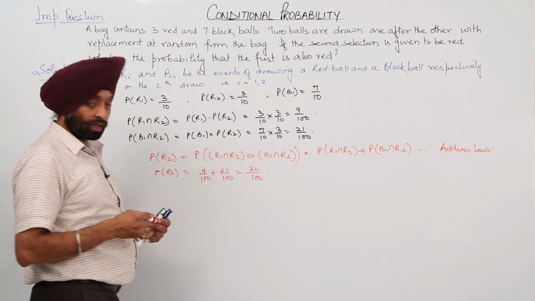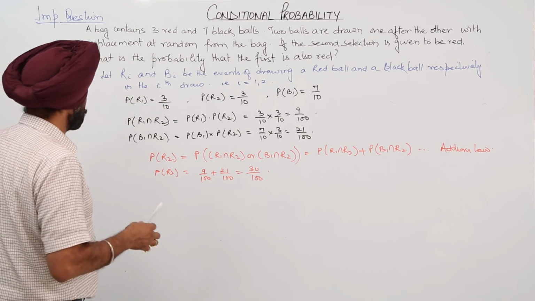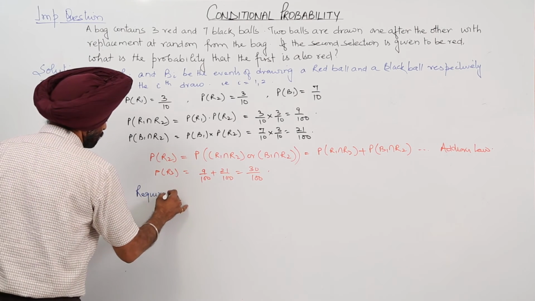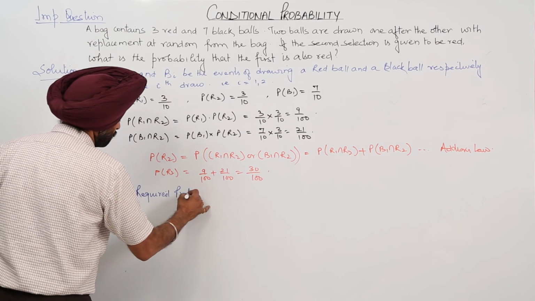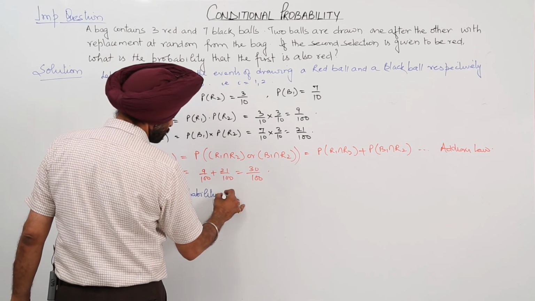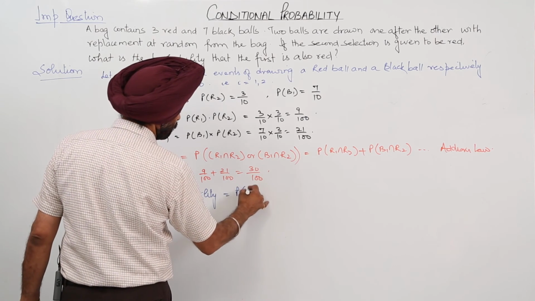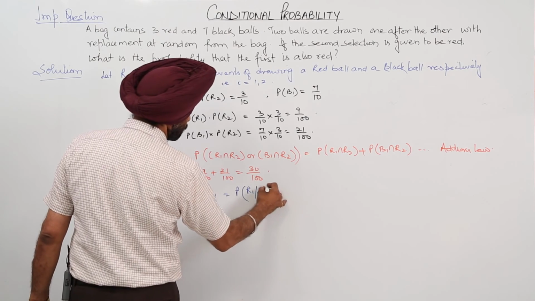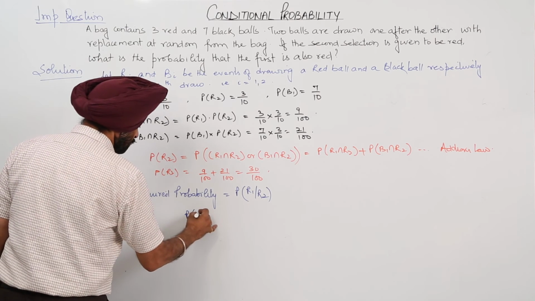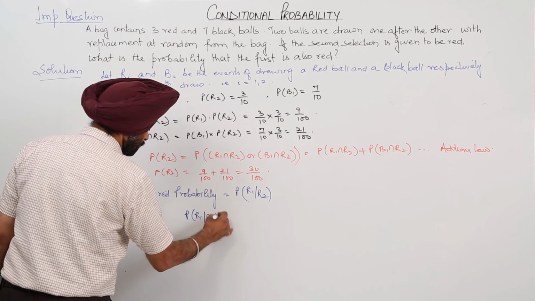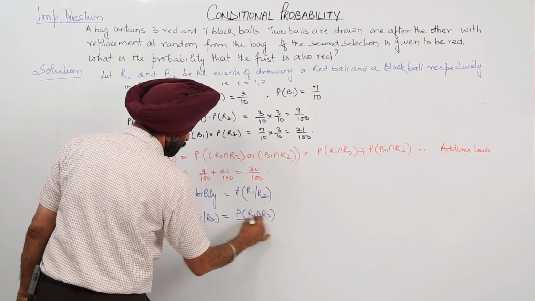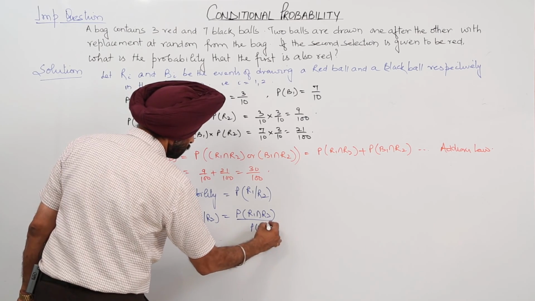Is it clear? Now required probability is what? Required probability is P(R1 given R2). Now P(R1 given R2) is equal to probability for R1 and R2 upon probability for R2.